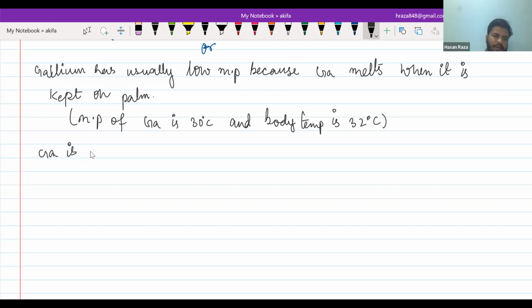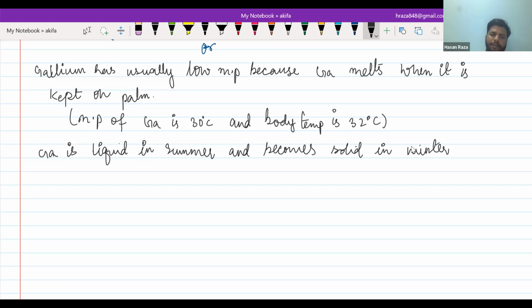Gallium is liquid in summer and becomes solid in winter.